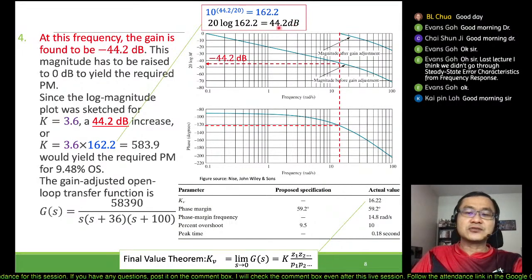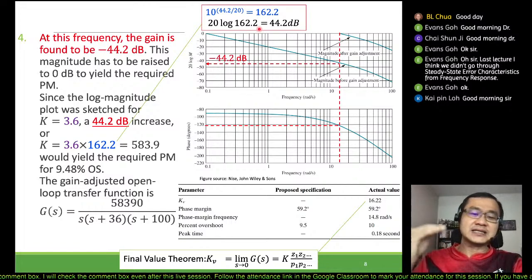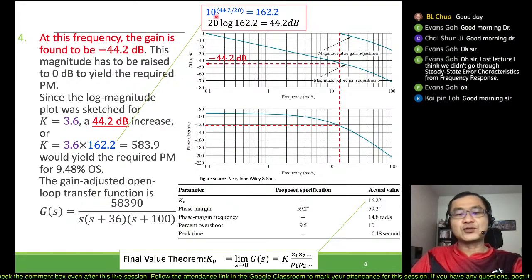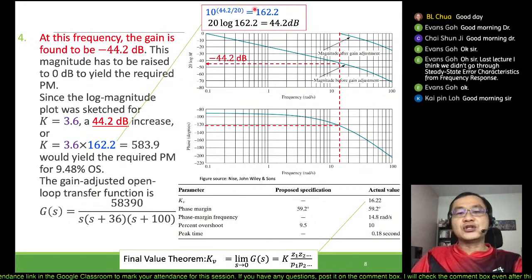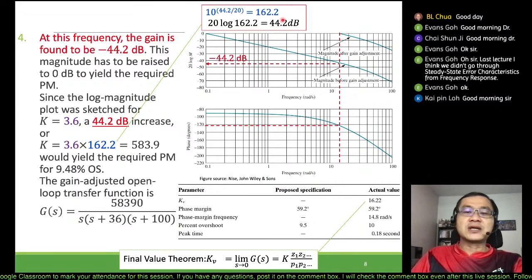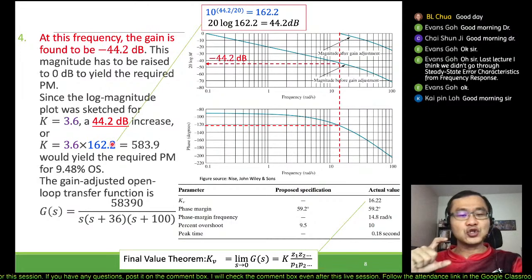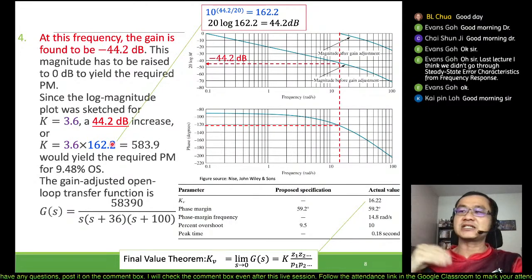So we have this 44.2 dB as our target, and we want to know what magnitude we have to adjust. Since this is a log, you can always turn the equation into exponential form, and in that way you get the 162.2, right? So this is the magnitude that you have to adjust.